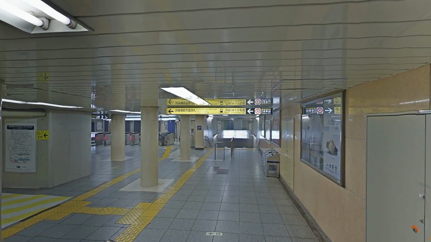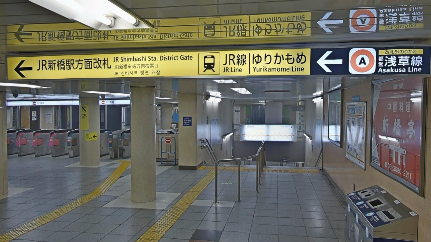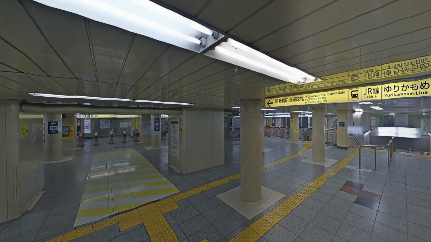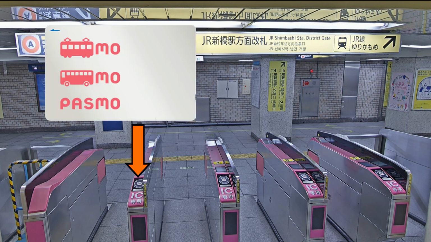Here we find the signboard going to the JR Shimbashi Station District Gate, which according to our Google Map train route search result, goes to the Yurikamome Line. We exit the Tokyo Metro Ginza Line ticket gates using Suica card or Pasmo card.